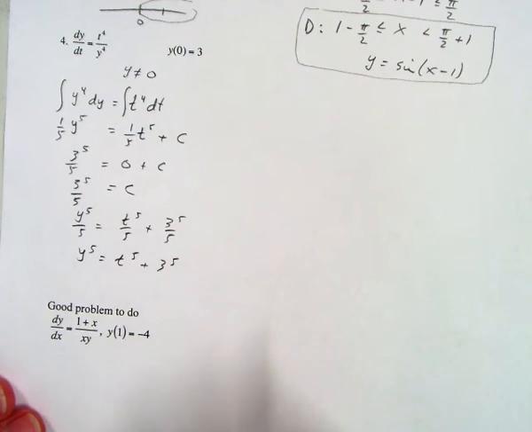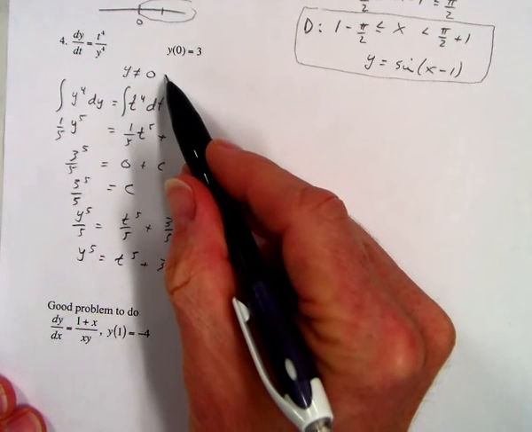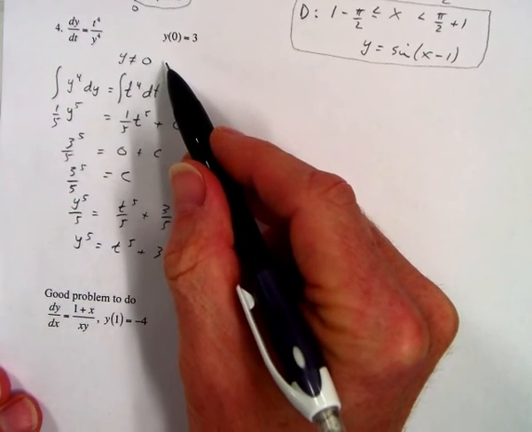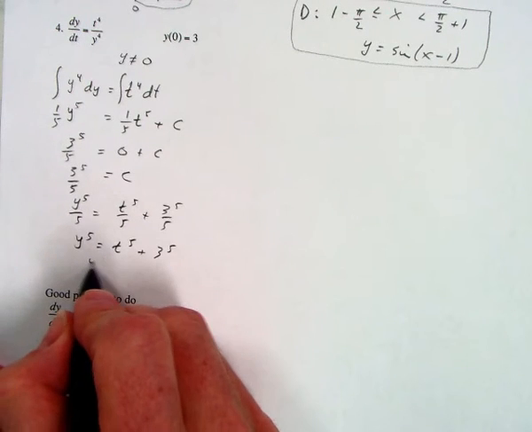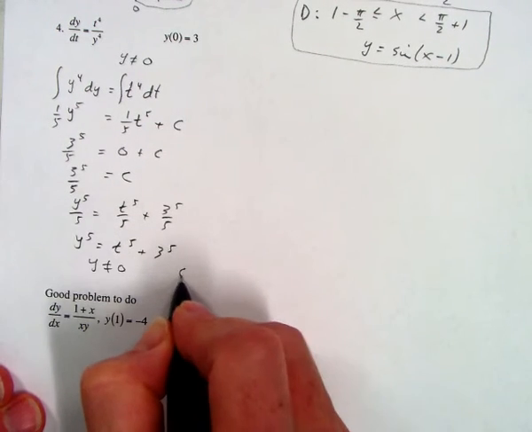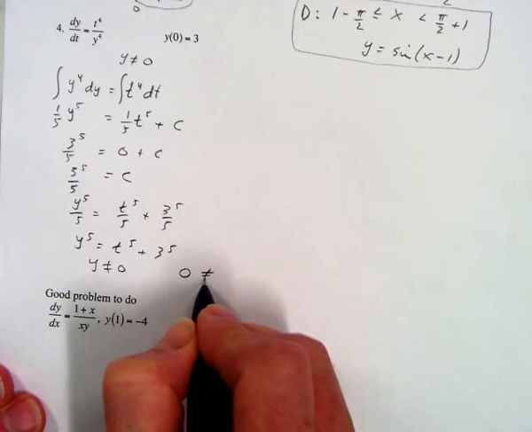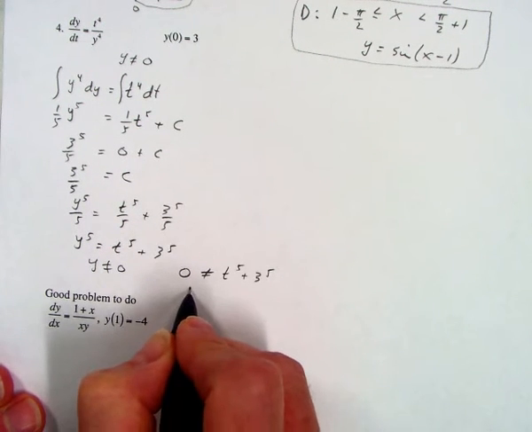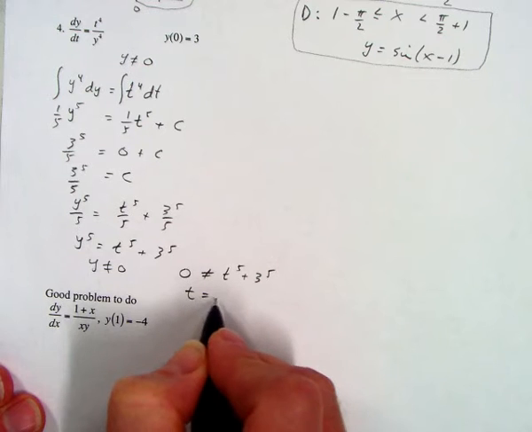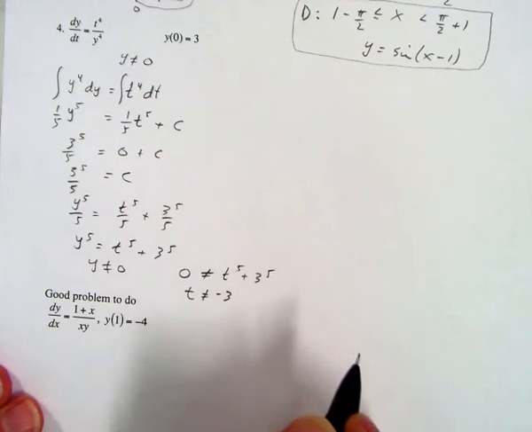Now to figure out our domain, we know y can't be 0. So if y can't be 0, we get 0 cannot equal t to the 5th plus 3 to the 5th. And so t can't equal negative 3.